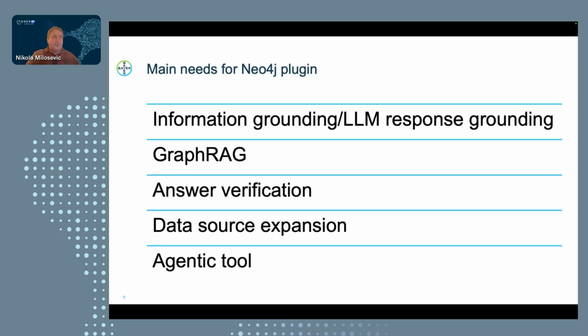And for that, you could do a graph RAG. You can verify whether the answer is really based on something. We had a project with Fraunhofer Institute where we looked at verifying the responses from LLMs with knowledge graphs that were underlying and that were queried. And then as well data source expansions, and it could be used as an agentic tool.